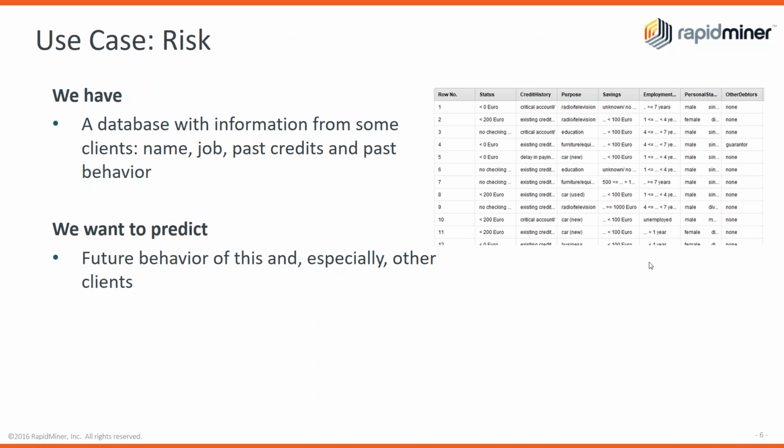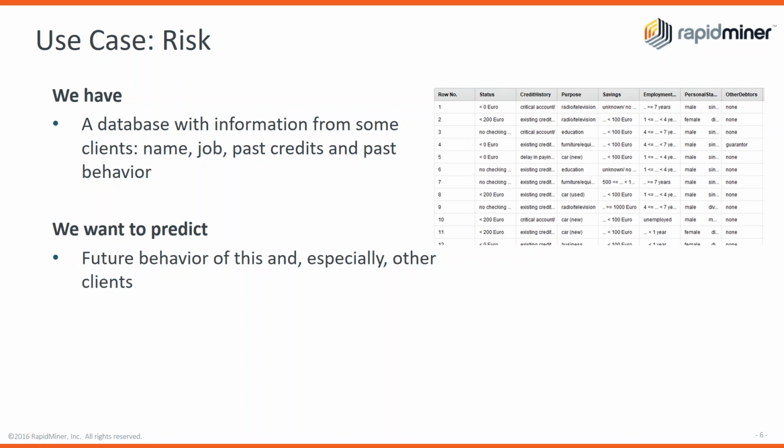We'll play, so to speak, with a table similar to this one, where we have basically a database with information from some bank clients, where we see the name, the job, what they have done before in other credits, if they have previous debts, things like that, and especially things like whether they returned the credit or not, or if they defaulted, right? That's what we have.